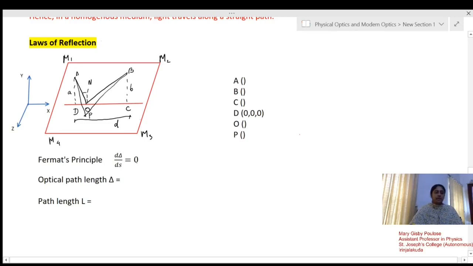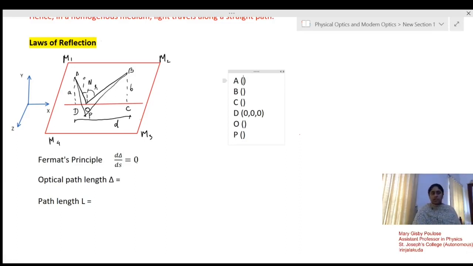This will be your angle of incidence I, and this will be your angle of reflection R. Okay. Now, since I have stated the positions, let us find the coordinates of these points mentioned here, A, B, C, D, O, and P.